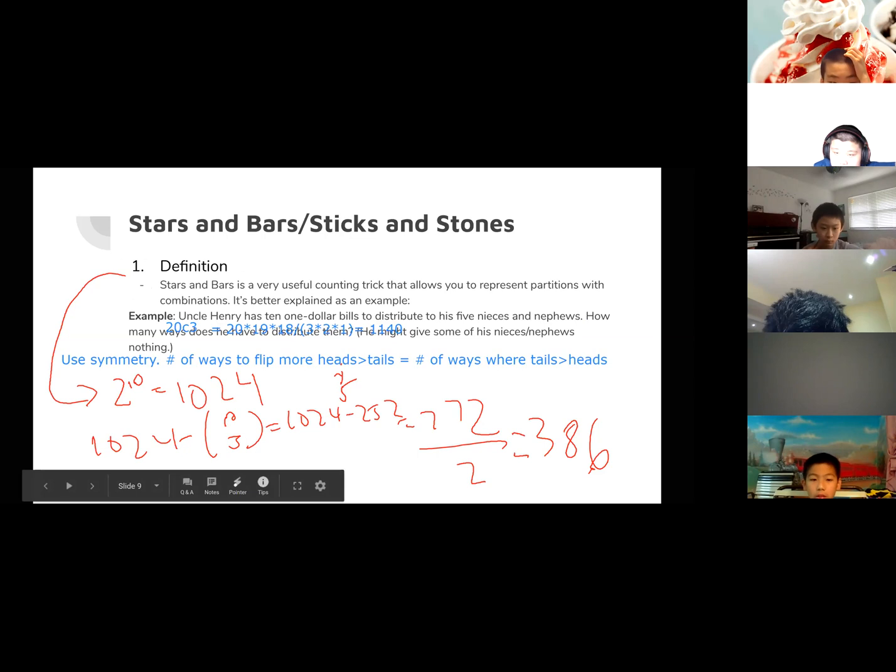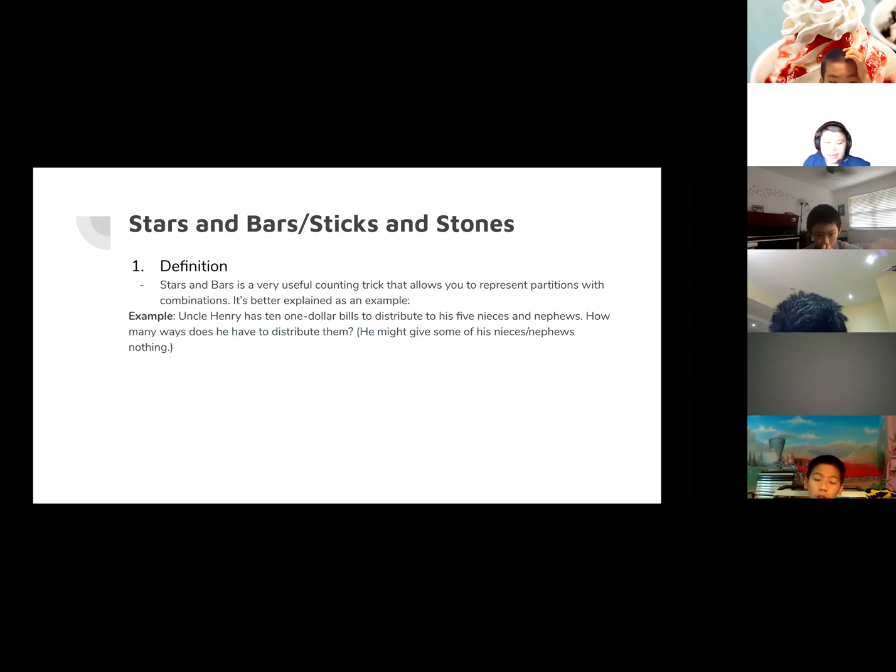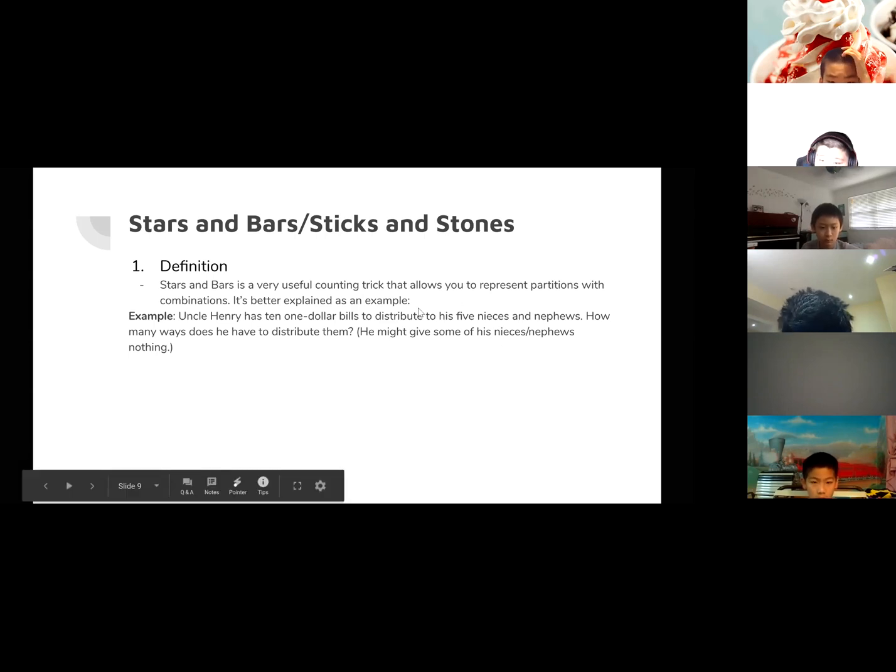We're going to use the technique that the book calls, and I think some people call sticks and stones, but it's more often called stars and bars. It doesn't matter. All that matters is what it does and how it works, and it's pretty useful. It represents partitions with combinations.